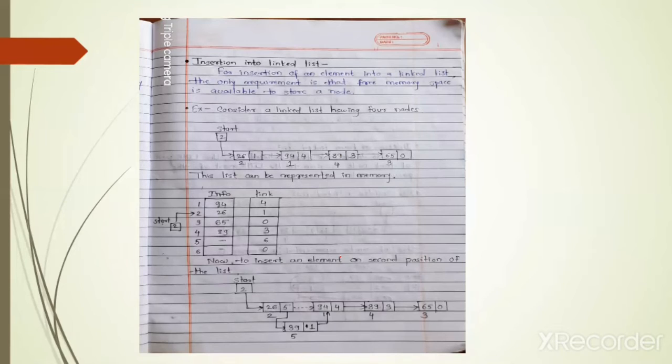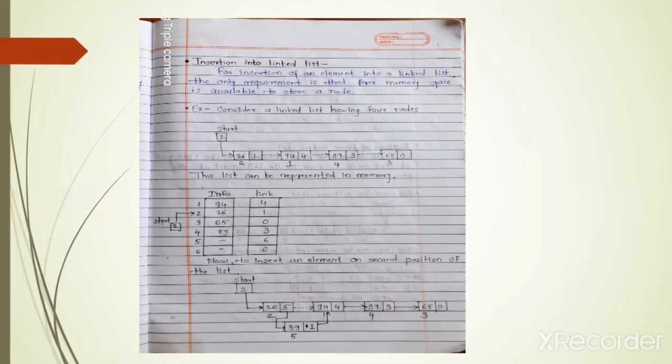Now next point is insertion into a linked list. It is easier to insert an element into a linked list or delete an element from a linked list than arrays. For insertion of an element into a linked list, the only requirement is that free memory space is available to store a node.